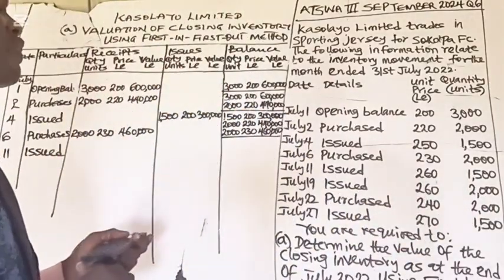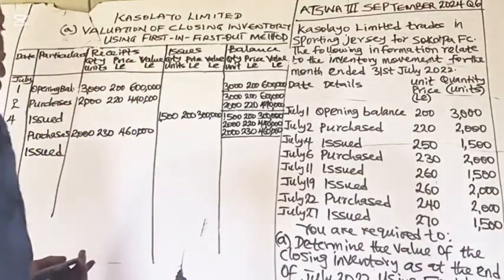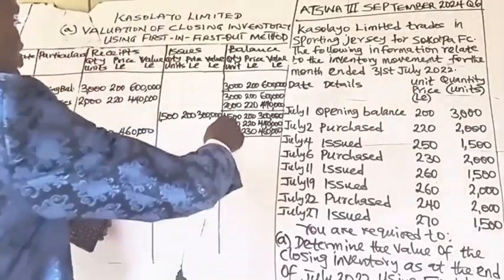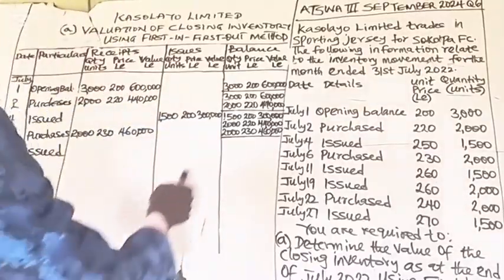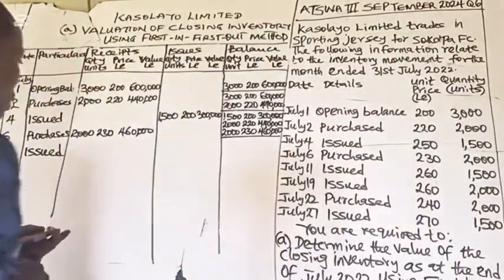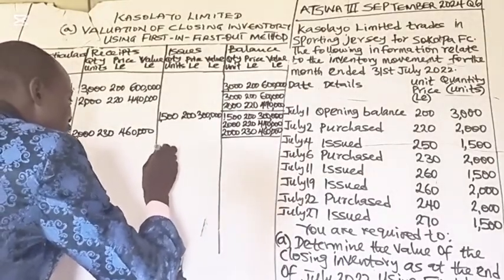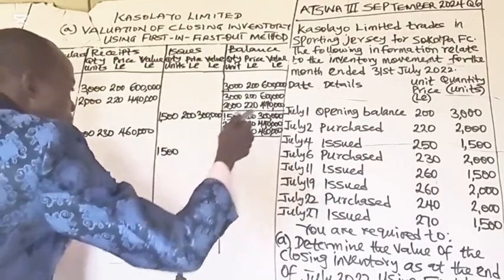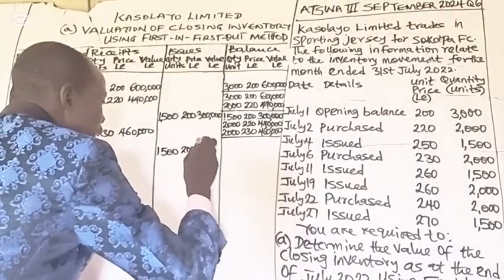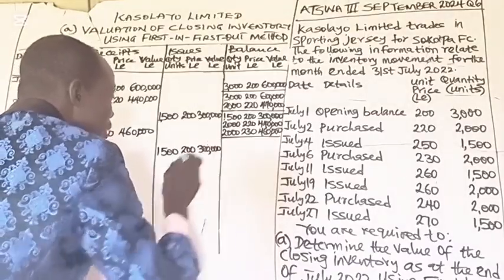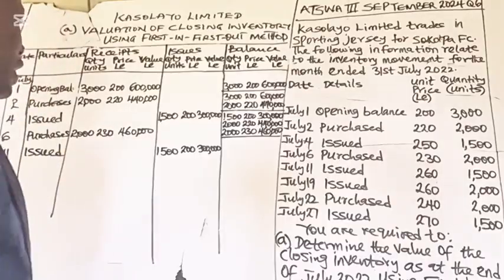Your issue will be made from the oldest batch in the store and with the price of that oldest batch. The oldest in the store is 1,500 and you want to issue 1,500. So that means you can make your issue from this 1,500 you have: 1,500 at the price of 200 and the value will be 300,000. Now, you have exhausted this 1,500.